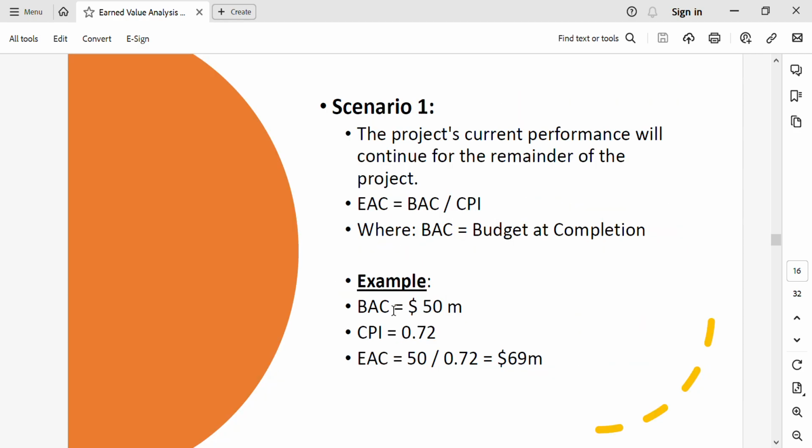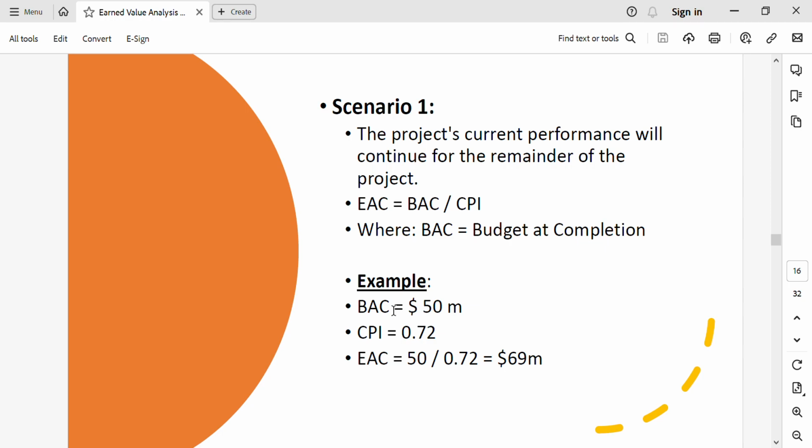Let's calculate EAC in scenario 1. In case of scenario 1, where the current performance will continue for the remainder of the project, we will use the formula EAC is equal to BAC divided by CPI. BAC is the original budget. So in our case, the original budget was $50 million and the CPI we have estimated is 0.72.